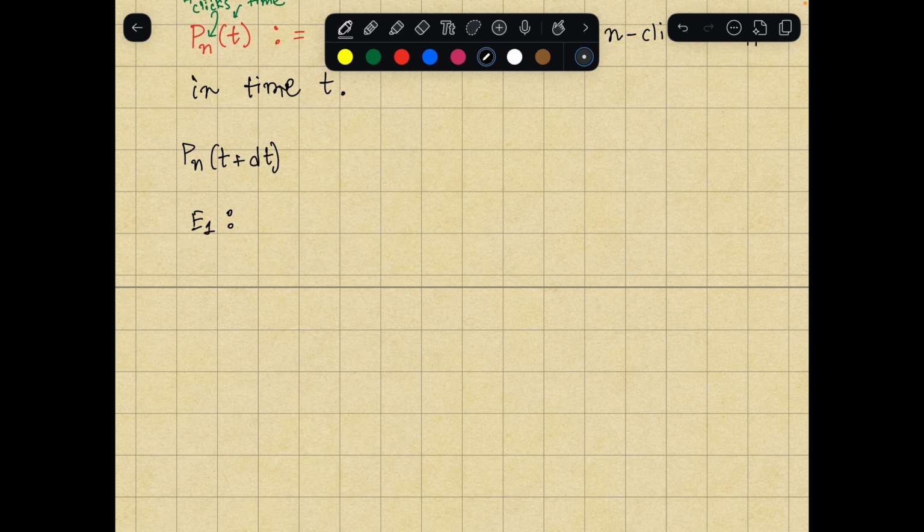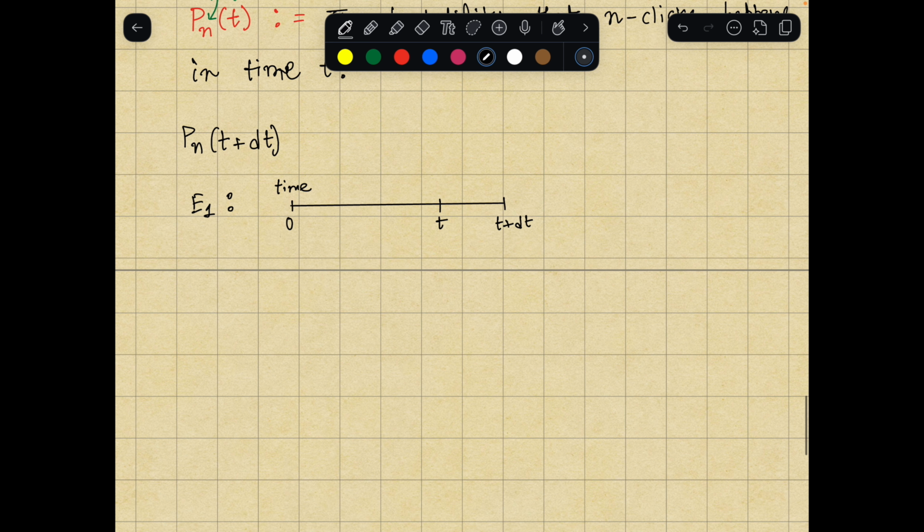So let us draw a line and call it the time axis. So it is 0, and this is t plus dt.